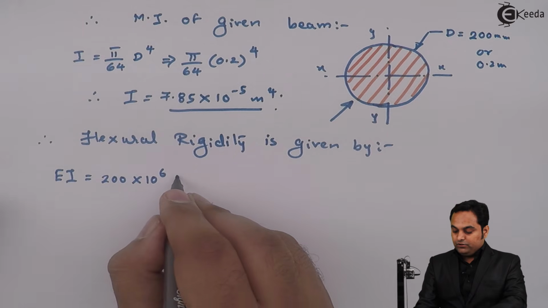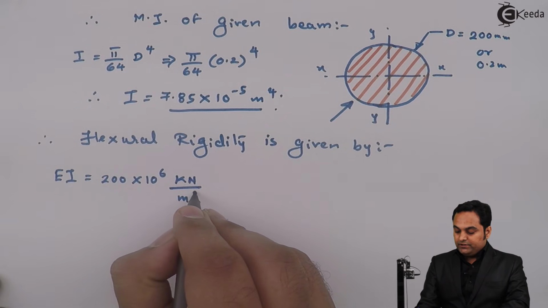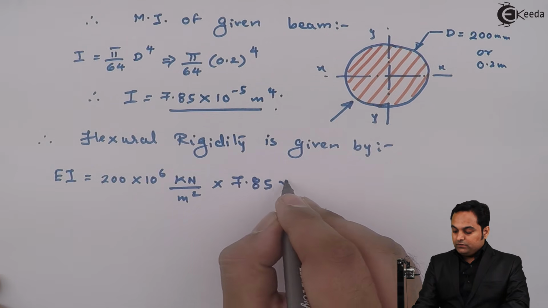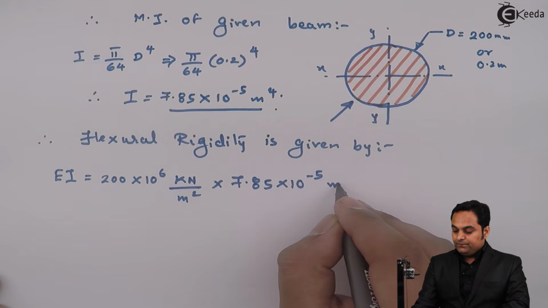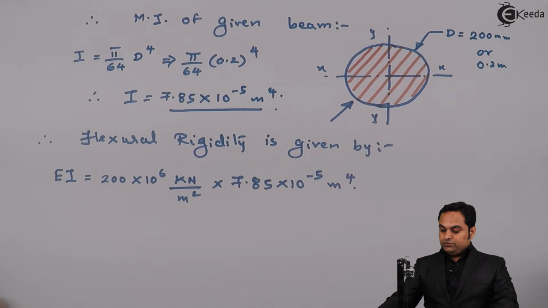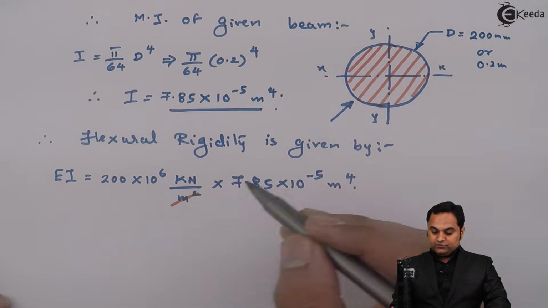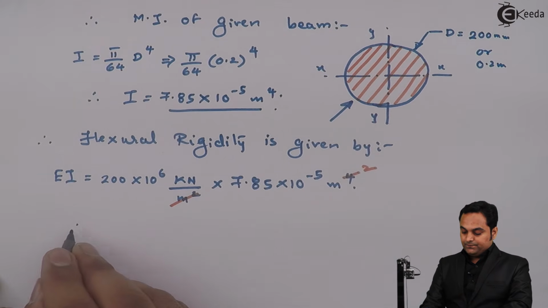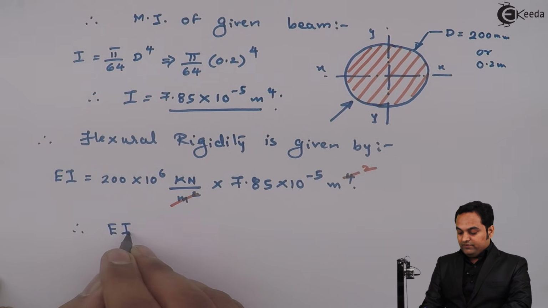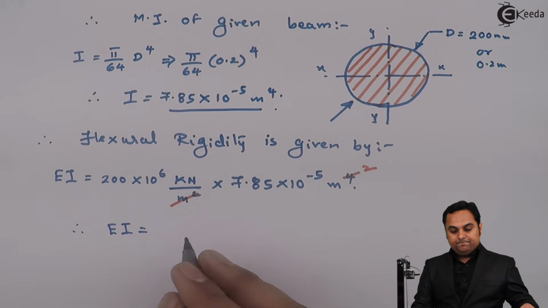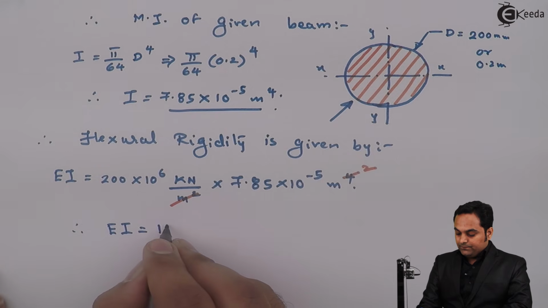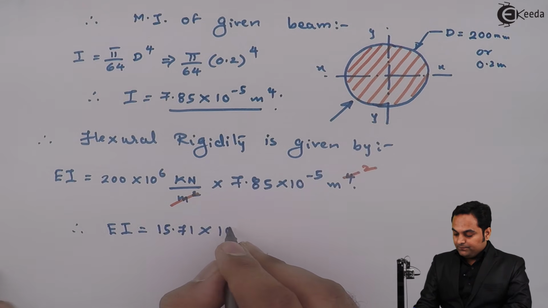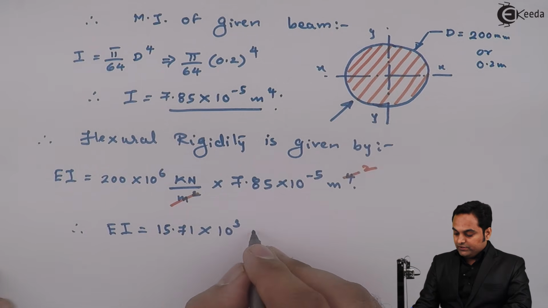It is in terms of kilonewton per meter square into I, 7.85 into 10 raised to minus 5 meter raised to 4. So here meter square and meter square get cancelled. So if I calculate this term, therefore EI value comes out to be 15.71 into 10 raised to 3. It is kilonewton meter square.